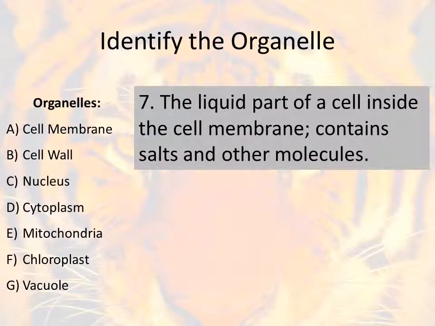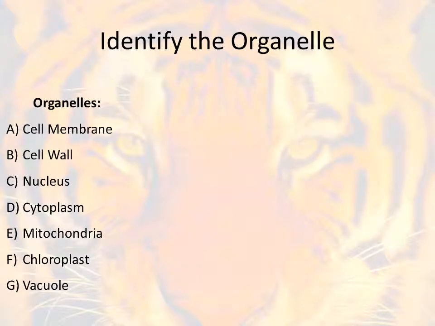Last one, number 7, the liquid part of a cell inside the cell membrane contains salts and other molecules. Okay, so once again, pause the video if you need more time. Go back a little bit if you need to get this started again, and then we'll check your answers in the next moment.